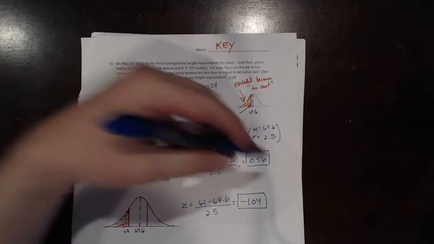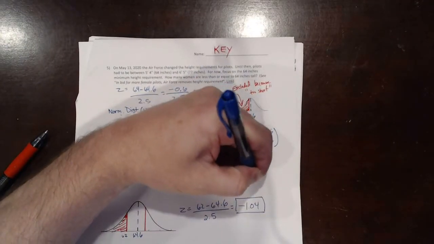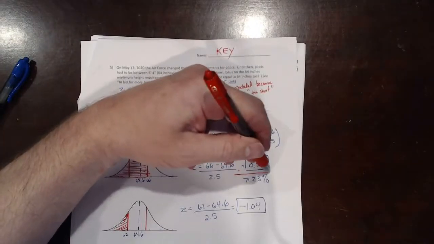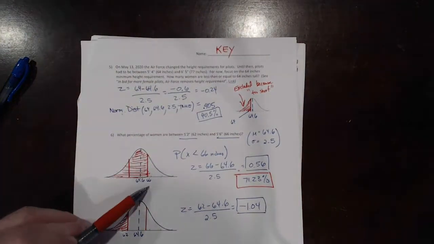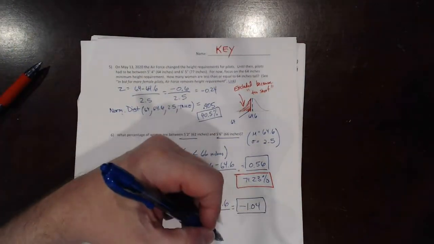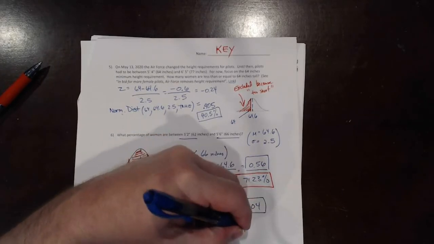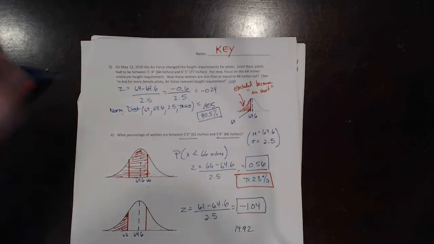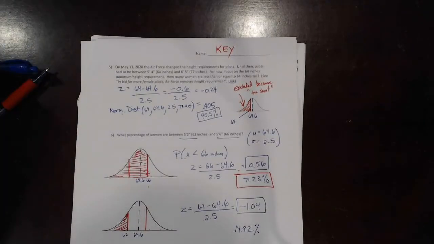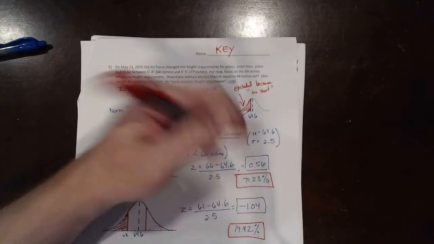So for this one, 71.23% of women are less than 66 inches. And then down here, with that z-score, 14.92% of women are in this red range here. So it falls off pretty quickly once you start going towards the tails.